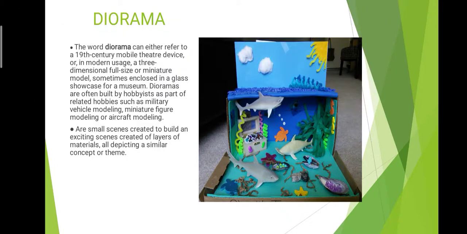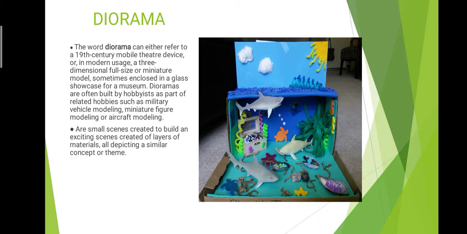Dioramas are built through hobbies. As what you've seen on the slide, it has a picture. This is an example of a diorama. It's a sea figure, where it has some sea animals.